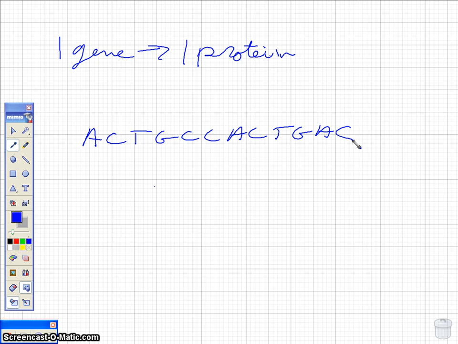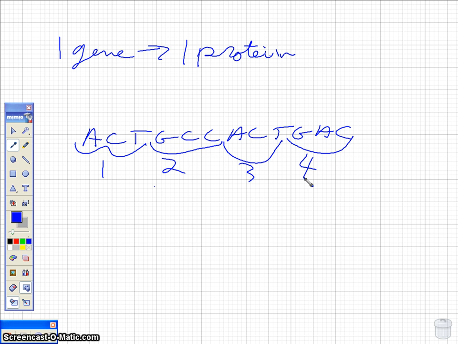The genetic code has 4 letters, A's, C's, G's, and T's, and each word in the code is 3 letters long. We call the 3-letter word a codon. So there's a word, there's a word, there's a word. So this string here can code for 1, 2, 3, 4 separate amino acids. So this could make a protein that's 4 amino acids long.